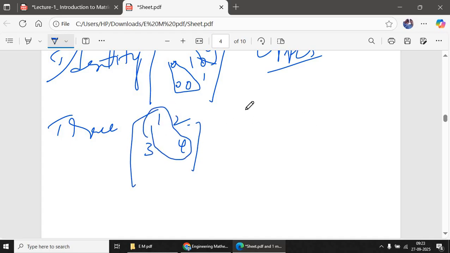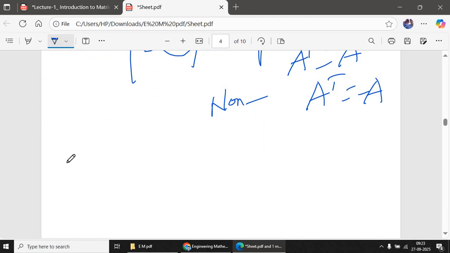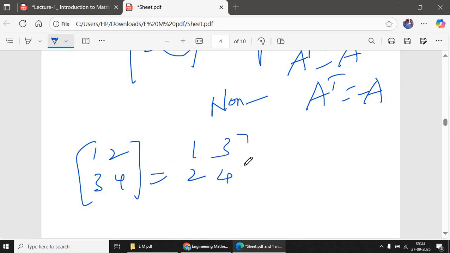And similarly symmetric matrix. A symmetric matrix is nothing but A transpose equal to A, and a non-symmetric or skew-symmetric matrix is nothing but A transpose equal to minus A. What is a transpose matrix? For example, you have 1, 2, 3, 4. Just interchange rows into columns and columns into rows. It is nothing but the transpose matrix.